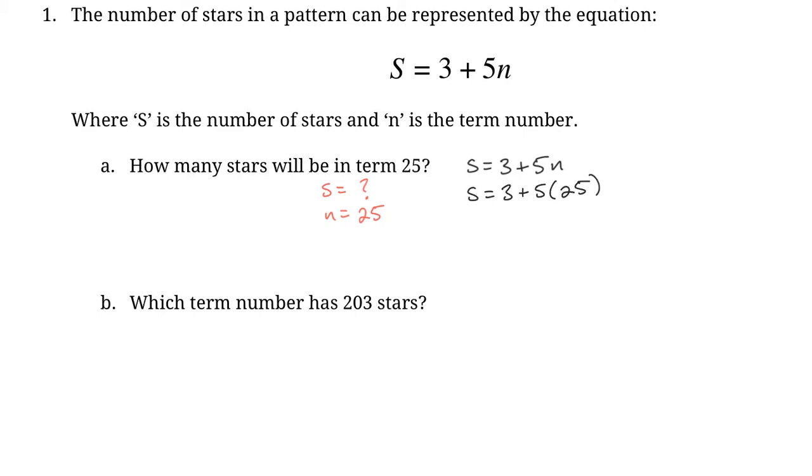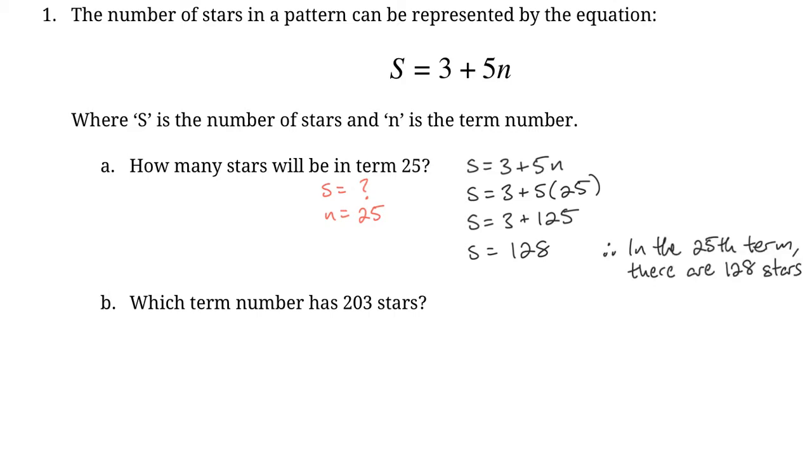And I'm putting that in brackets because this is just 5 multiplied by n. So when we start solving this, we can do 5 times 25, which is just 125. So S is equal to 3 plus 125, which is just 128. So this just means in the 25th term of this pattern, there are 128 stars.